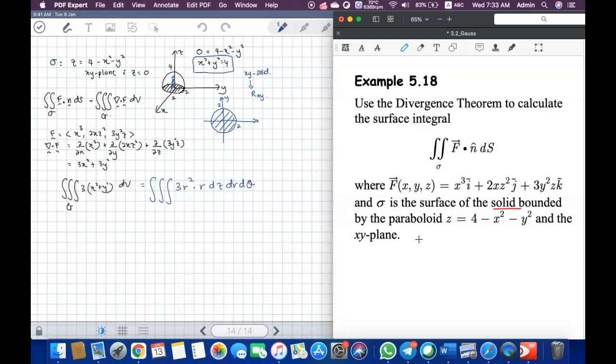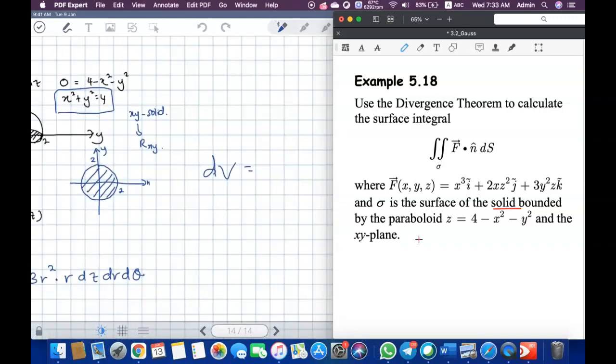About the order of integration: since you said your solid is over the xy region, your dV starts from dz, followed by dA, which tells you the region on xy.